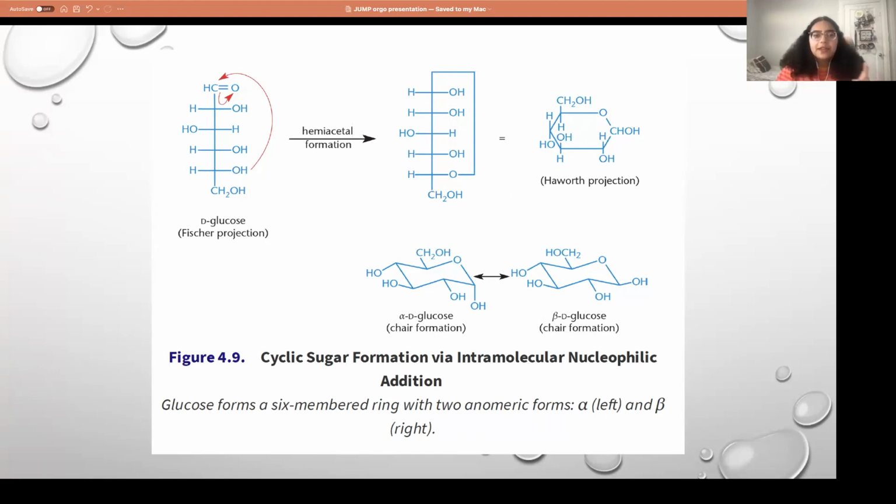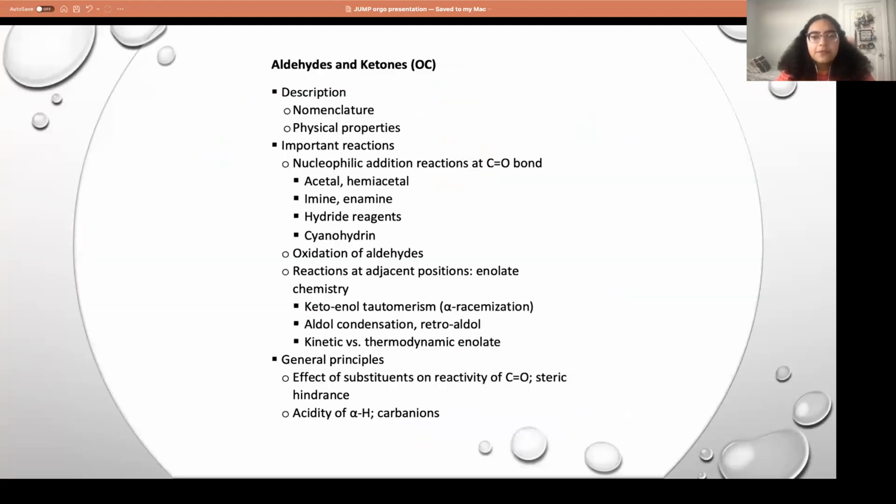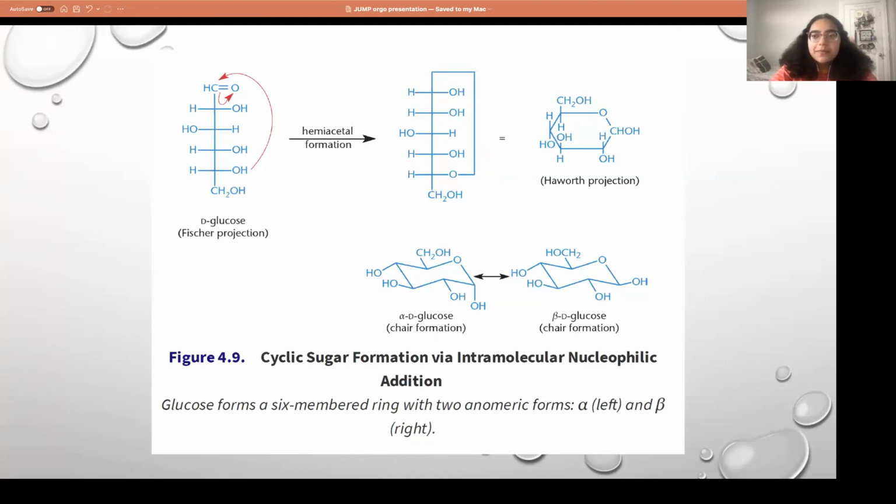Different sugars will have which way the OH versus the H goes, which will tell you what sugar it is. That's again more biochem, but it's also good to know that there are 2 forms, alpha and beta, in the anomeric form. So I'll describe anomers. The anomeric carbon is the new chiral center you make when you make it into a ring.